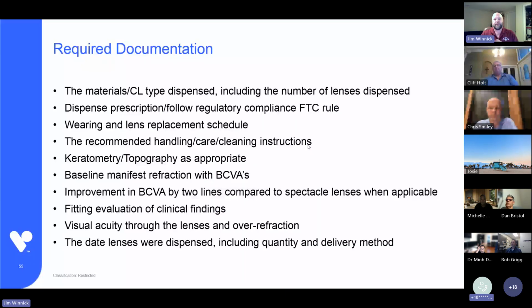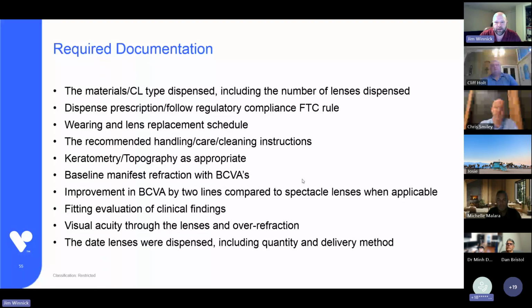Some additional required documentation and pearls, especially for the pathological patients that are in visually necessary contacts. It's all about documentation, documentation, documentation.